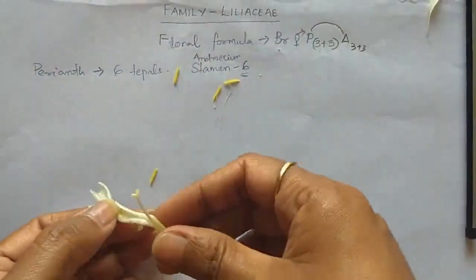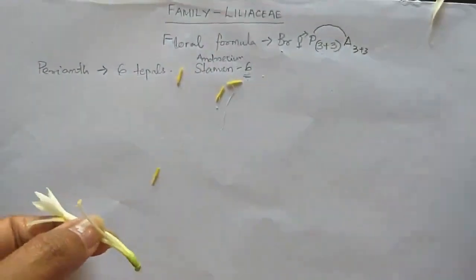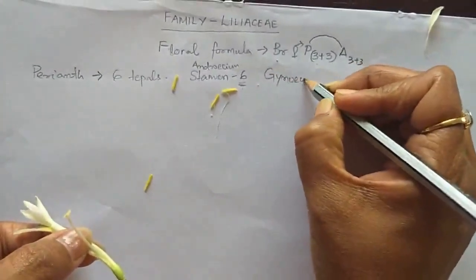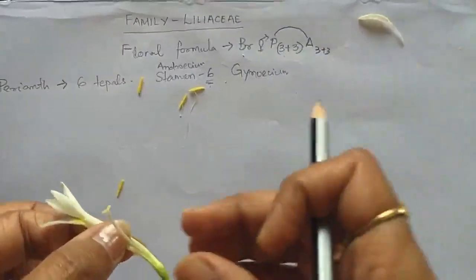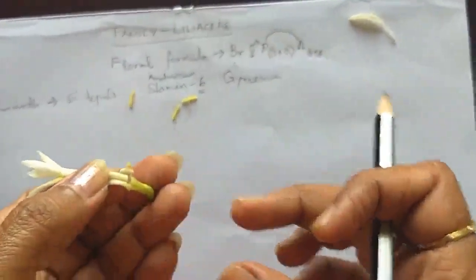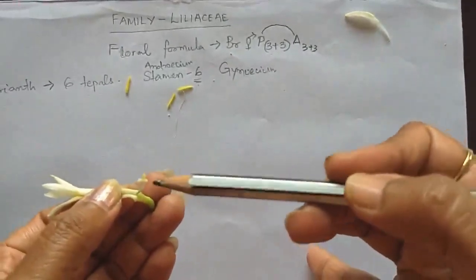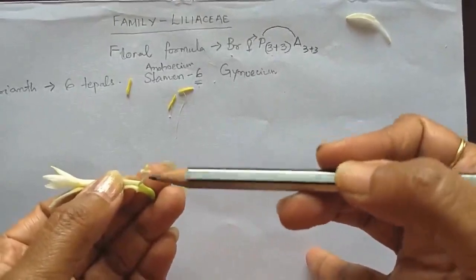Okay, then now you see this is the female sex organ, or the gynoecium. So let me write down here about the gynoecium. It is tricarpellary and syncarpous. 3 carpels are fused to form a single structure. You can see the trifid stigma.